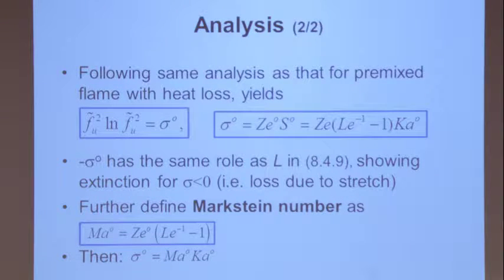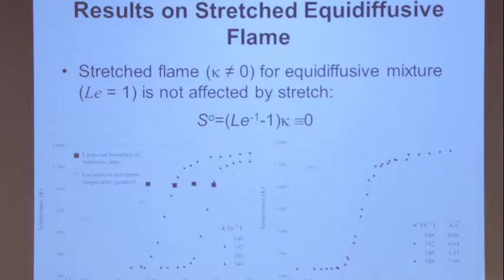So you have all sorts of combinations. It's fun. Then you go to the lab, you do this experiment, you change your stretch rate, positive, negative, you change your mixture, make the Lewis number this way, that way. You can see the flame. All you need to say is, oh, it burns stronger, it burns weaker. That's good enough with this.